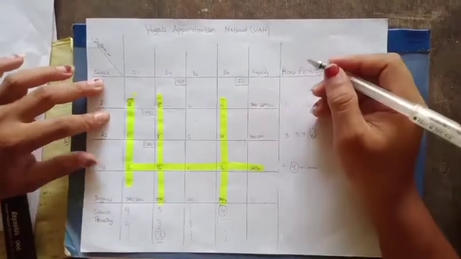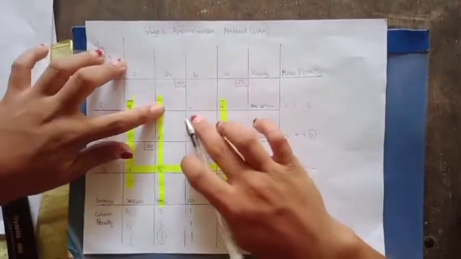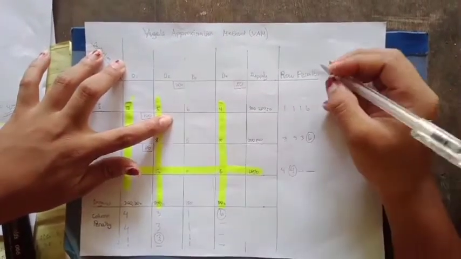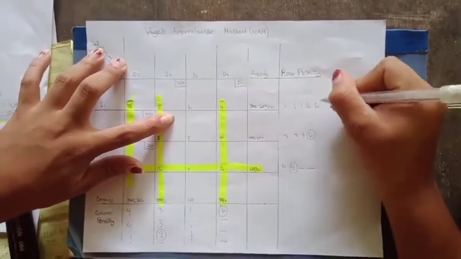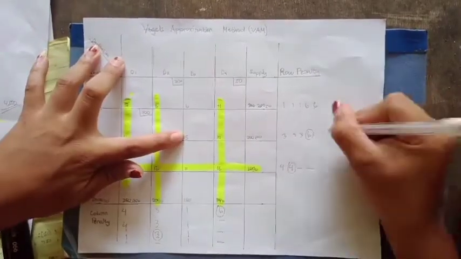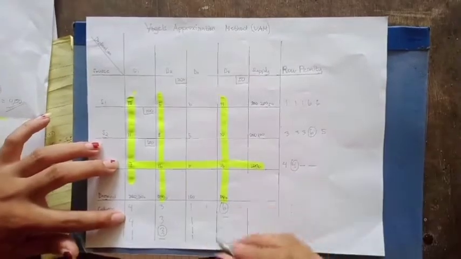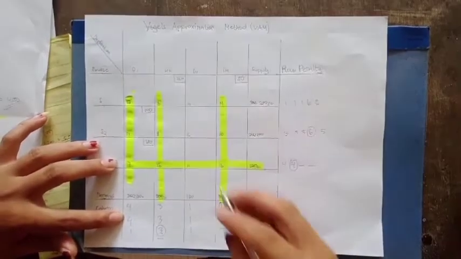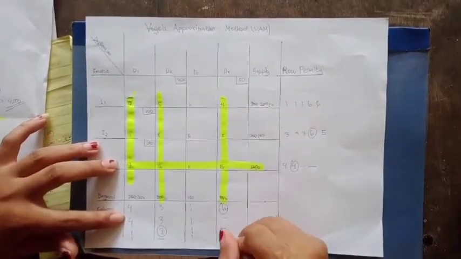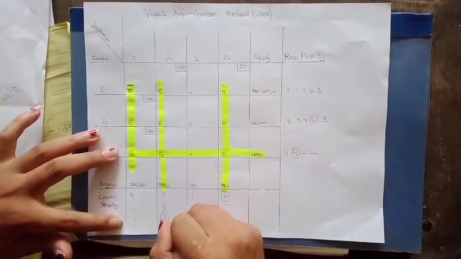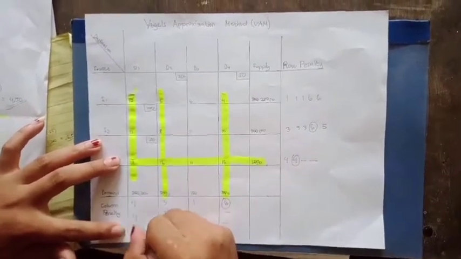So same process, so 6 is the cell remaining, so we have 6. Then here we have 5. Then here we have nothing, cancel. We have 1, cancel, and cancel.